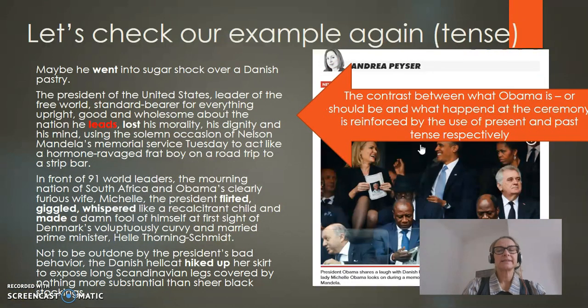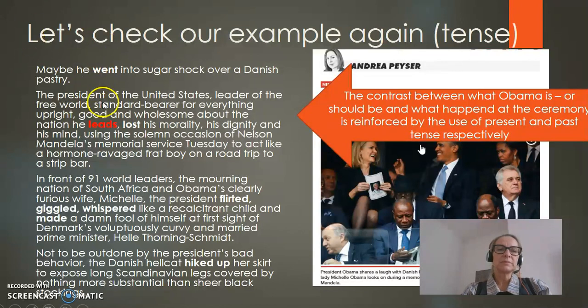If we look at the tense used in this text, we would see that the overall tense is the past tense, but again, the author here is establishing a contrast between what Obama is and what happened the previous day at the memorial service.